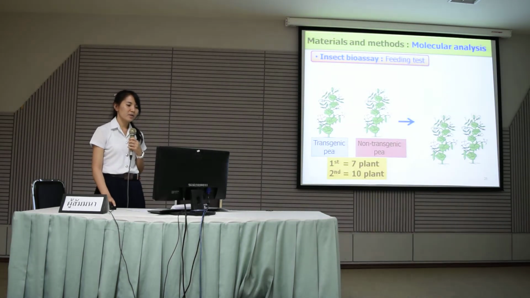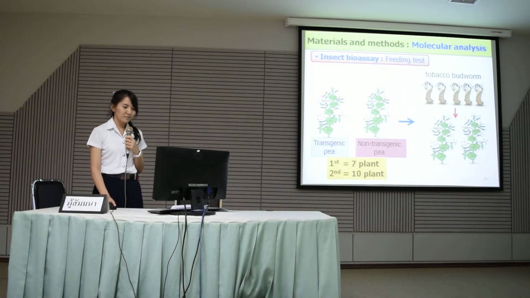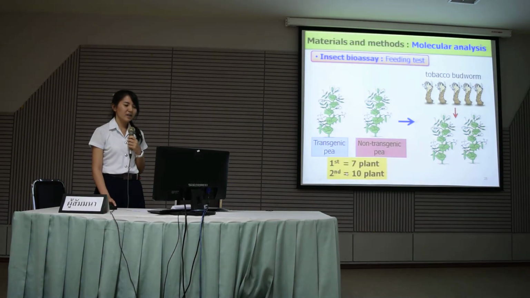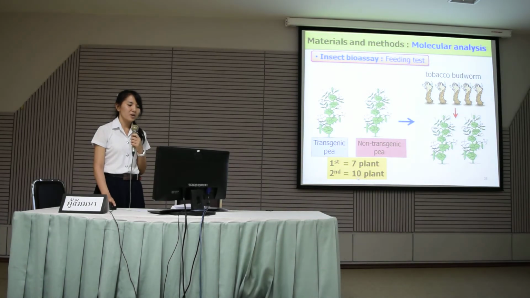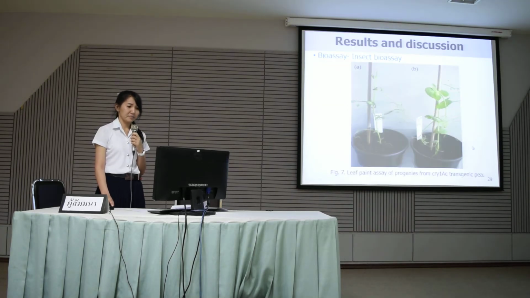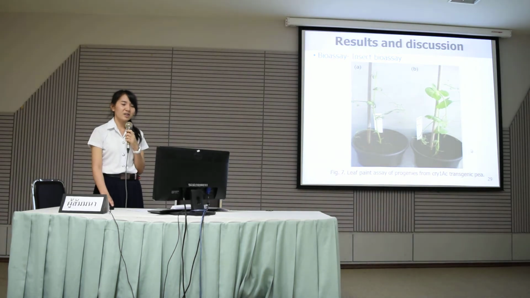In the first experiment, we used 7 plants each, and the second experiment used 10 plants each, and 5 larvae were inoculated on each P. The result is shown in figure 7.